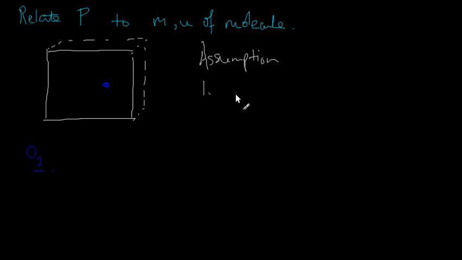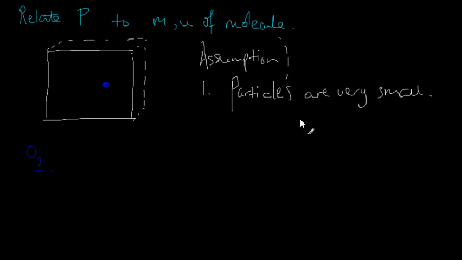So we are going to assume a number of things. We are going to assume that the particles in this gas, and a particle in this case would be the molecule, are very small. Now, what does that mean physically? Very small means that it is very unlikely for them to bounce into one another.